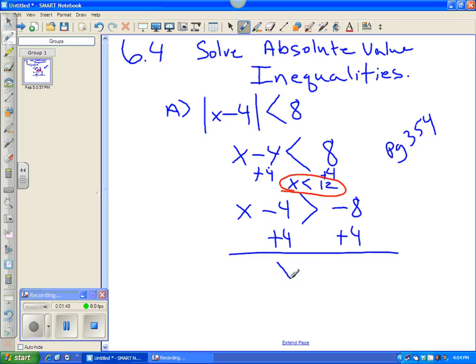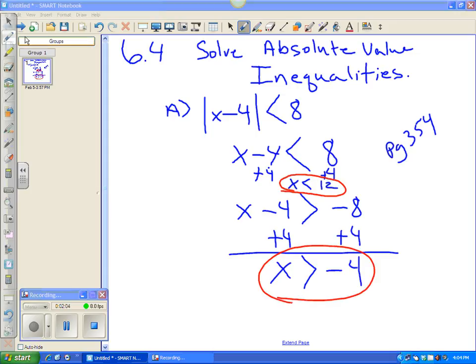This gives me x is greater than or equal to a negative 4. And that's the second possible answer for this absolute value. So, anyways, that's how you do the first problem.